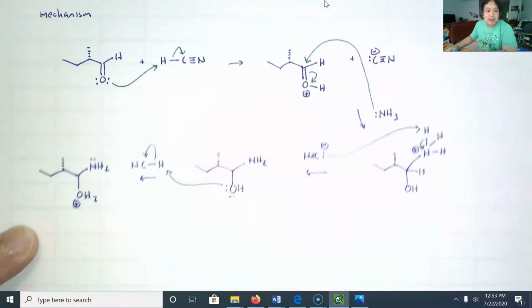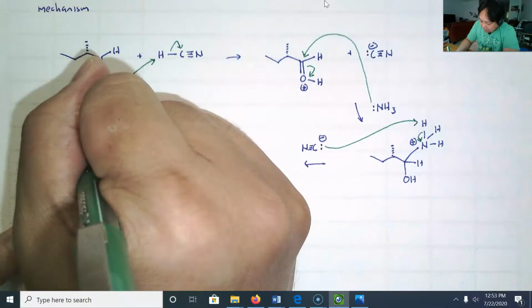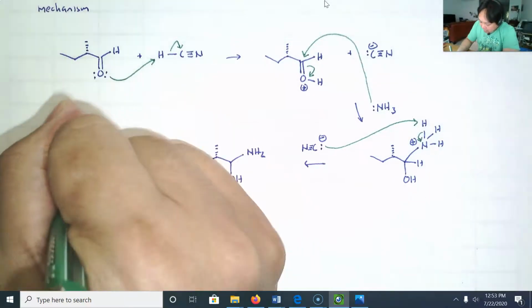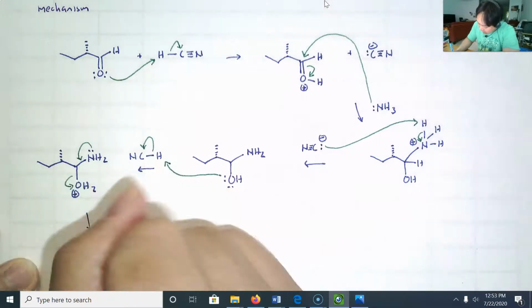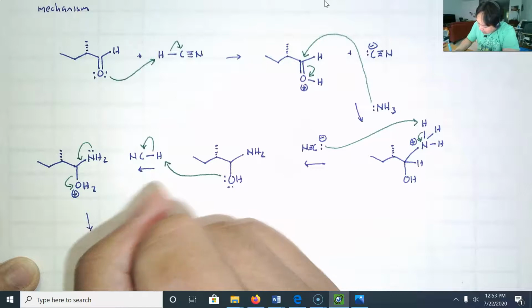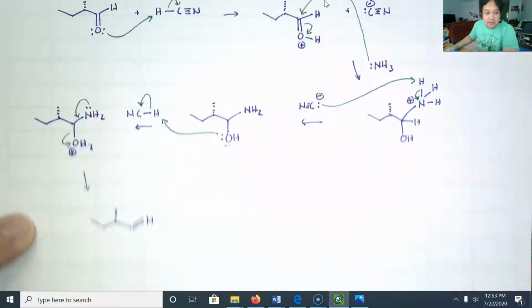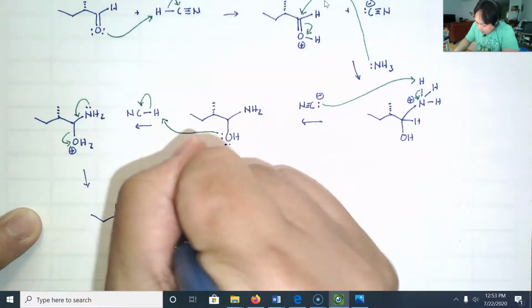Okay. Do you remember how to kick out water in these types of reactions? You're using an internal lone pair, and you're kicking that out. Oh, this is good. What you notice here is that your nitrogen is still going to be protonated, and it's going to be positive.